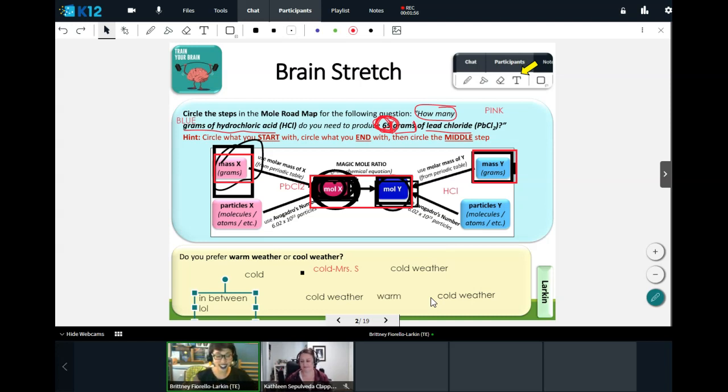So I'm just asking, in the reasonable range of weather, do you prefer the cooler side or the warmer side? Yeah, I feel like if it's not more than 80, then I think I like a warm day. I don't like hot days. If I had to choose between hot and cold, I would choose cold, but otherwise, warm is fine.